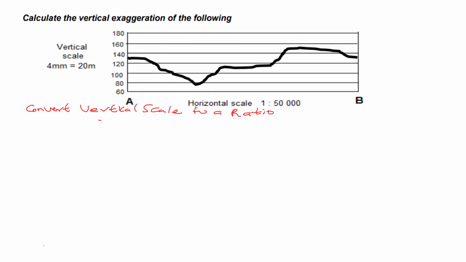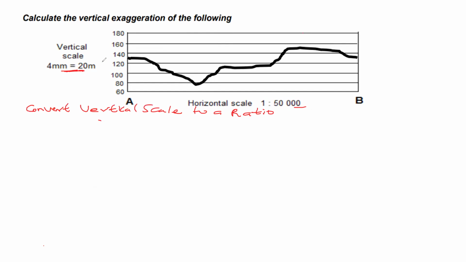So here you see that on the horizontal we've got 1:50,000. We can keep this one and convert the vertical scale to a ratio, so that these scales are in the same format.